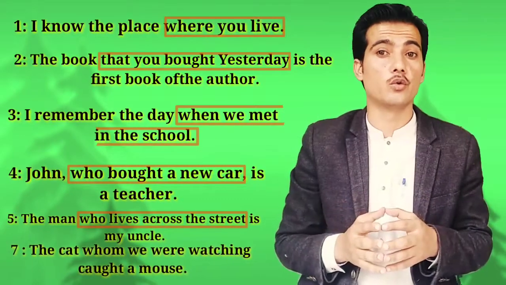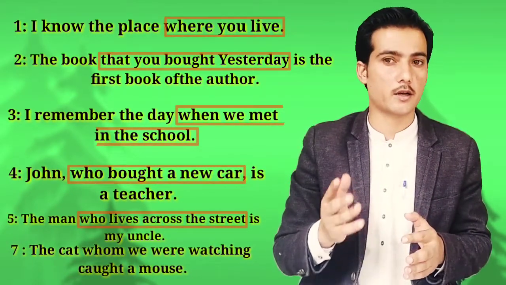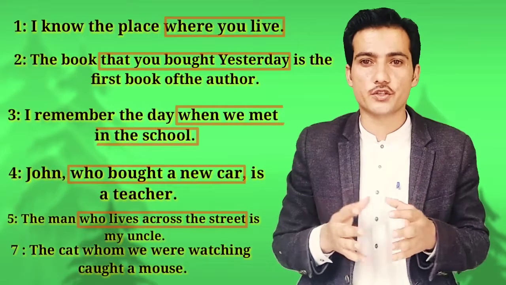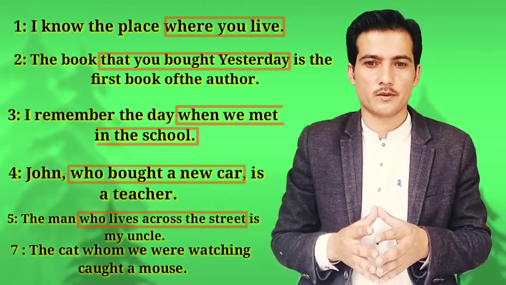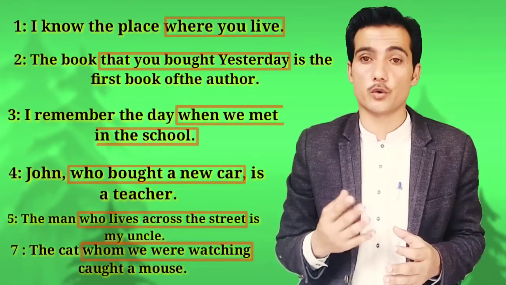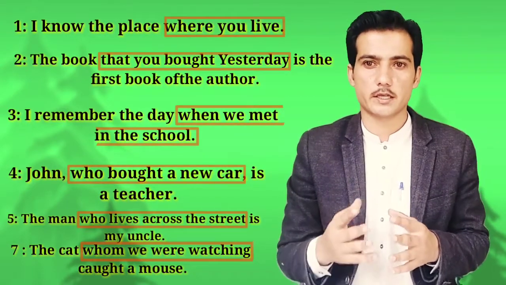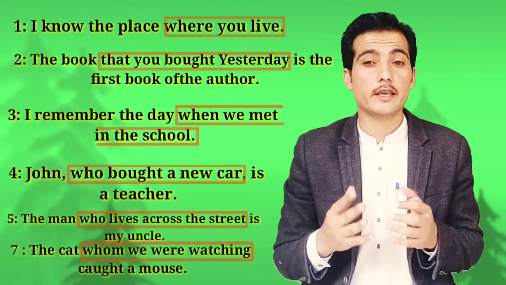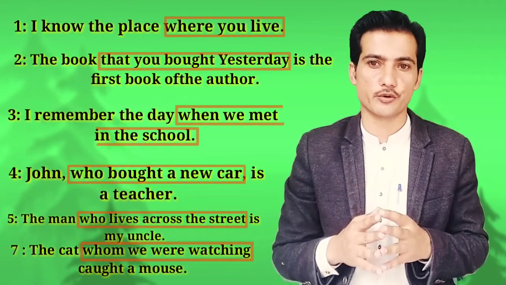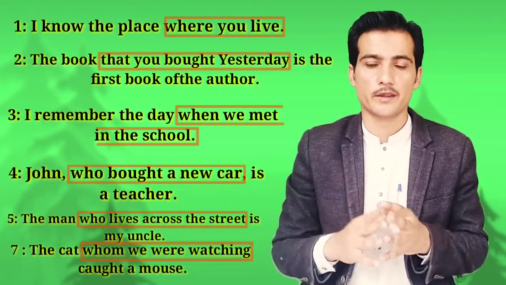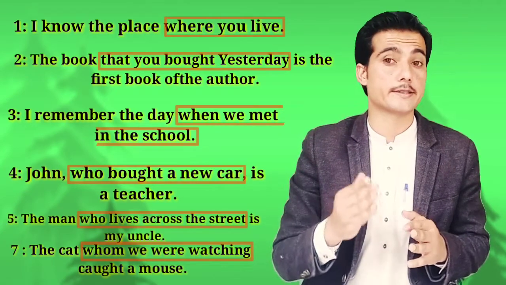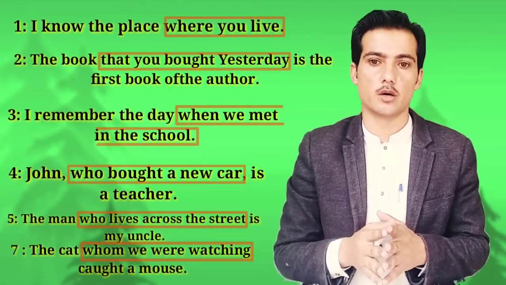The cat whom we were watching caught a mouse. The cat, which one cat? The cat whom we were watching, and whom we were watching is an adjective clause, because it starts with a relative pronoun, that is whom, and along with that it consists of a subject and a verb.